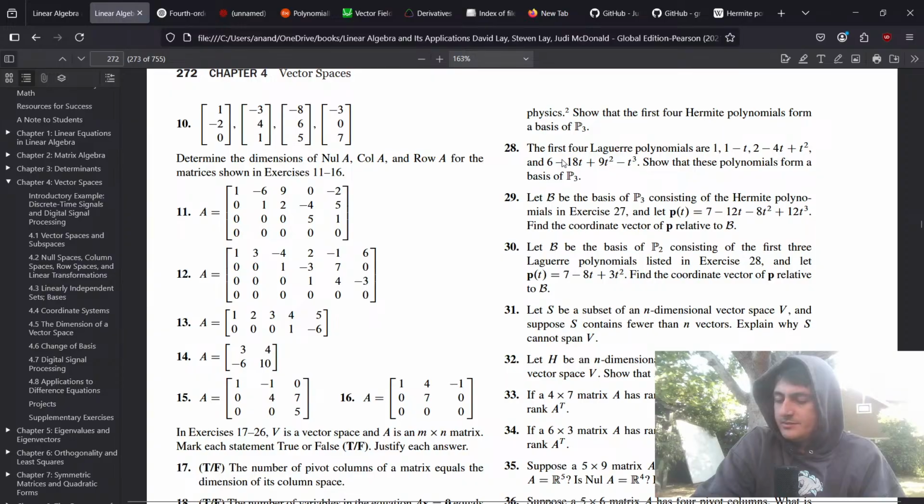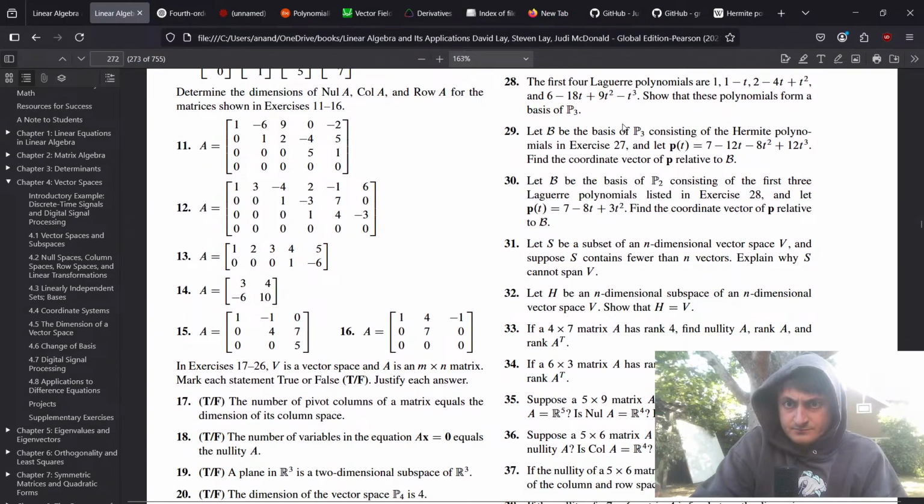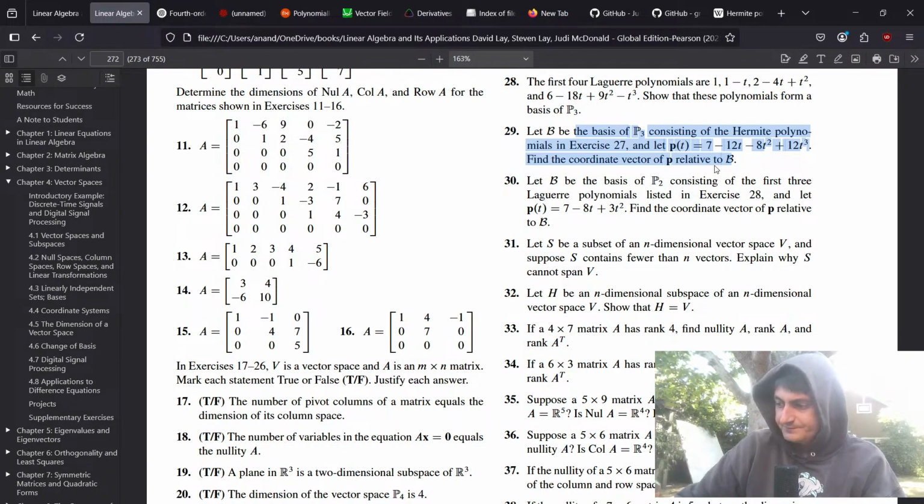All right, we're going to find the coordinates. So this is just going to be a matter of, let's just write that. P is equal to 7 minus 12 minus 8, 12. Now we're going to find P relative to the basis B of Hermite polynomials.